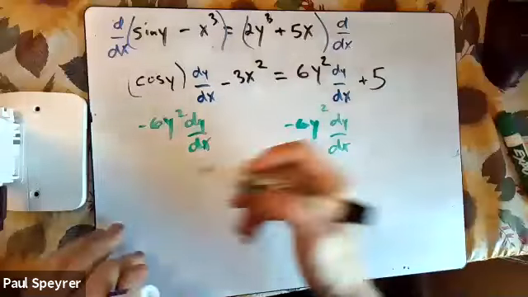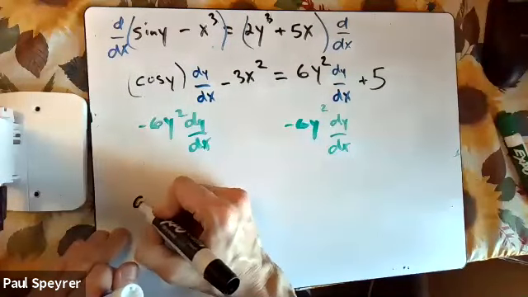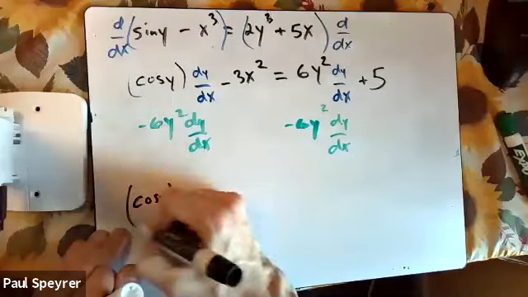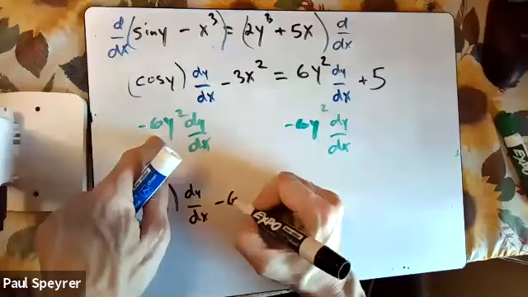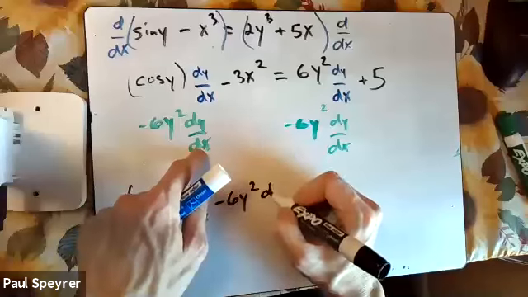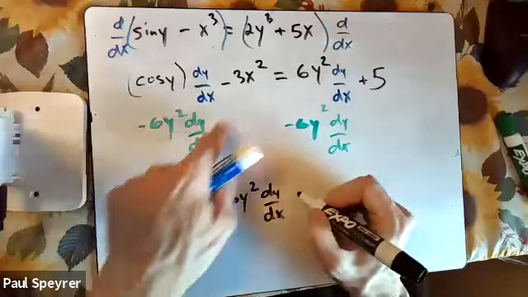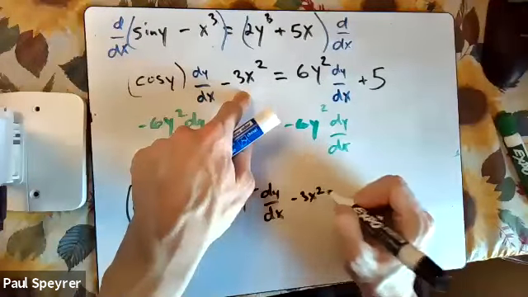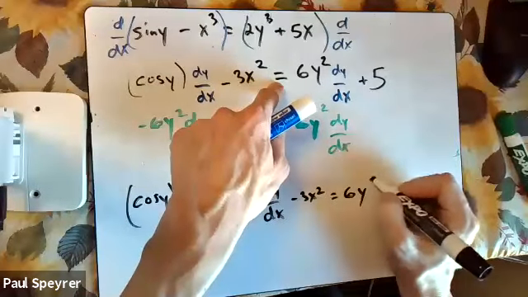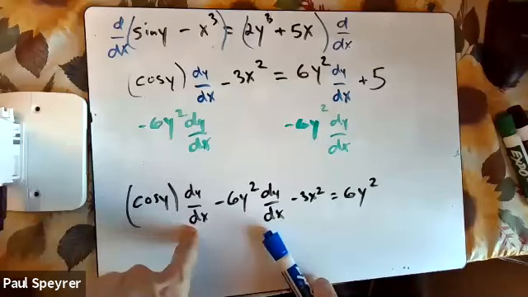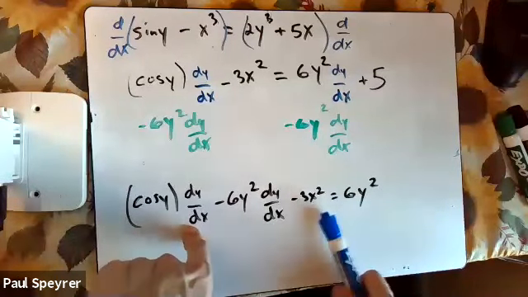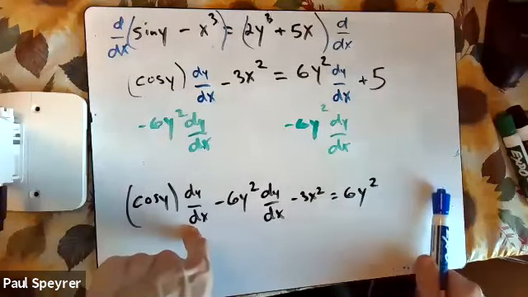What does that look like? Well, now we have cosine of y dy dx minus 6y squared dy dx minus 3x squared equals 6y squared. The dy dx is on the same side, but remember we need to move everything else that doesn't have a dy dx to the other side.